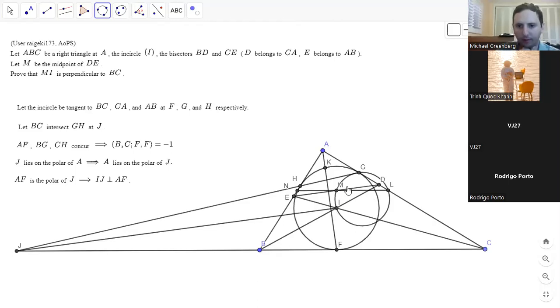That's the same as saying angle MIG is angle C. And yeah, I'm just thinking how we would show that. Let's see.